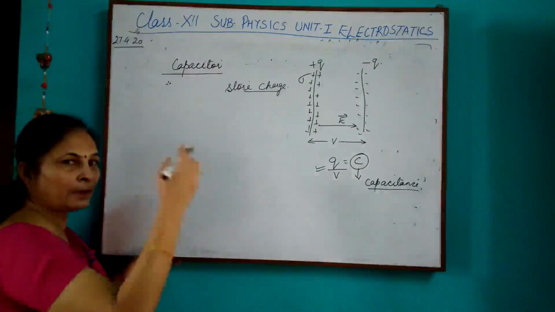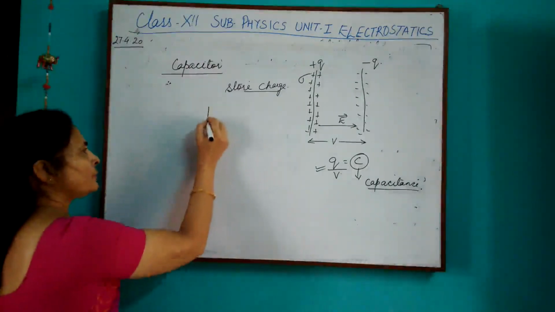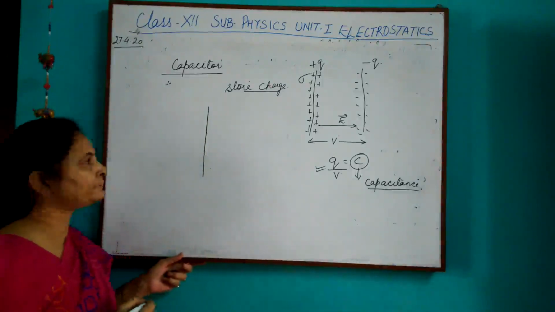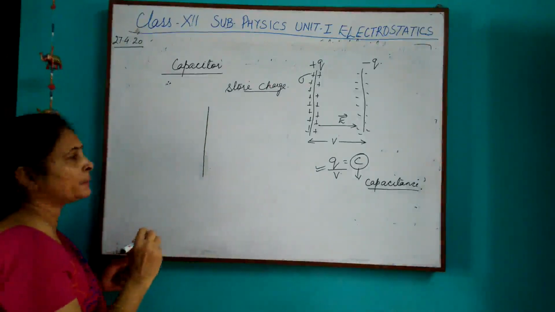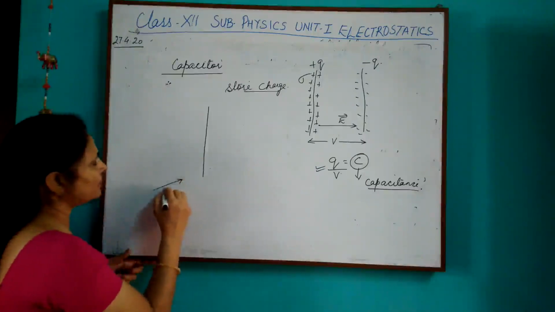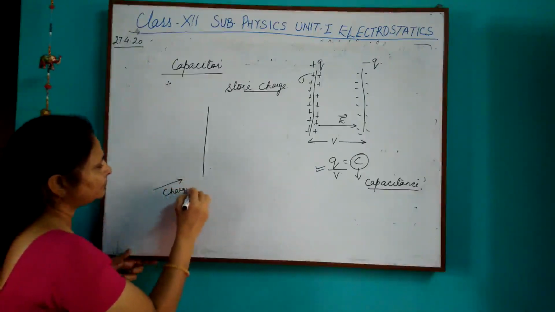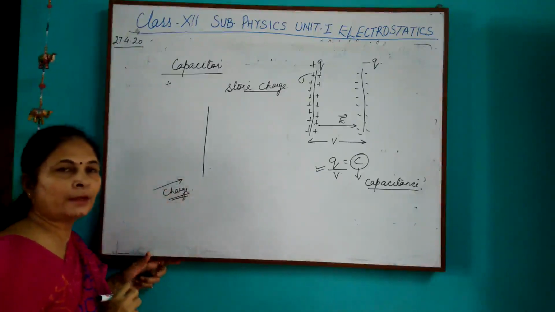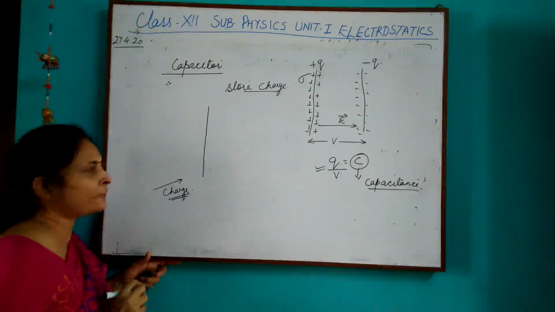Now we'll again go to the initial point. Suppose we have a plain sheet of conducting material. Now what happens is, start giving charge to it. We can give by conduction, we can give by induction. Methods of charging are by friction.